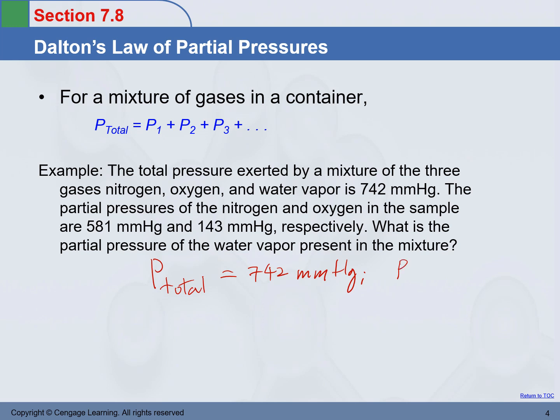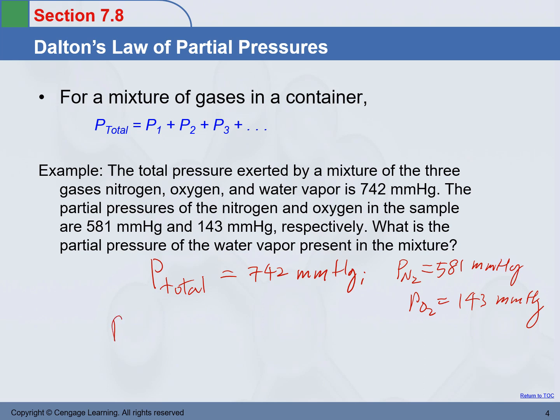So P N2, nitrogen, is 581 millimeters mercury. P O2 is 143 millimeters mercury. Asking you to get the partial pressure of water.